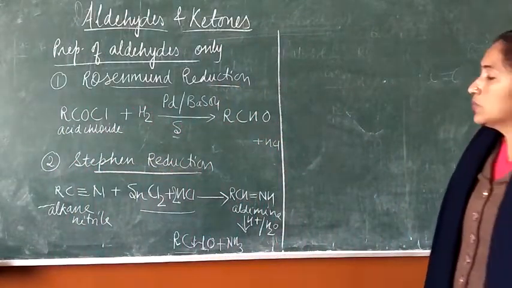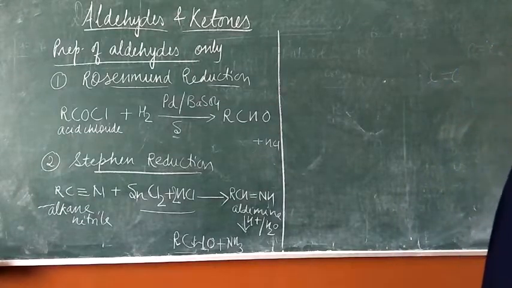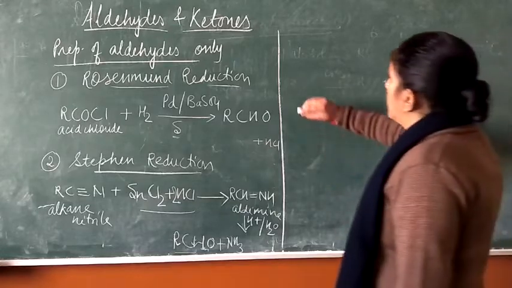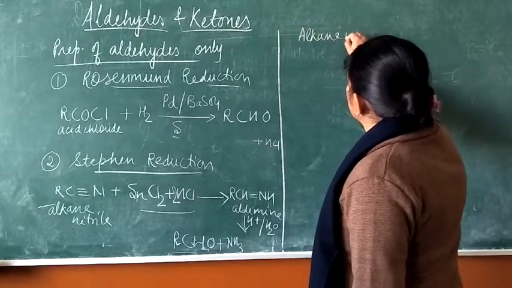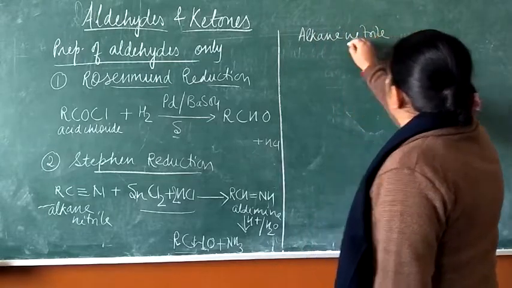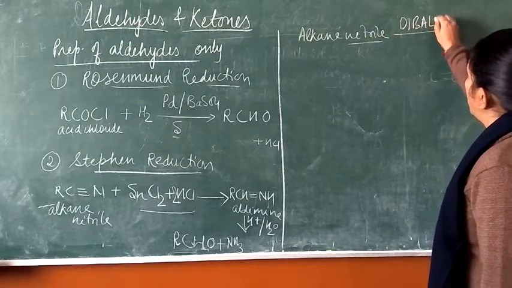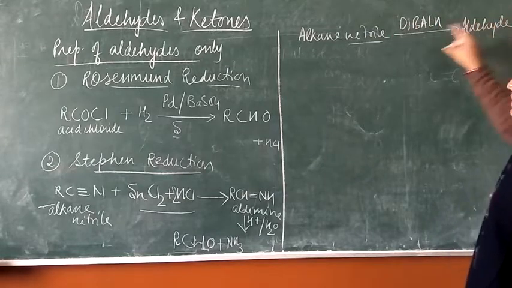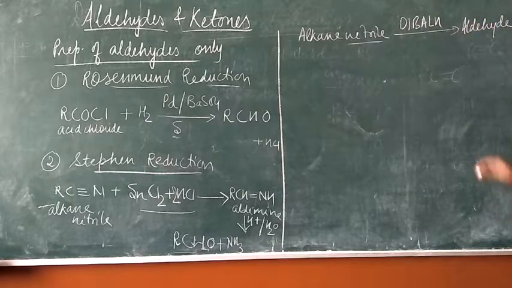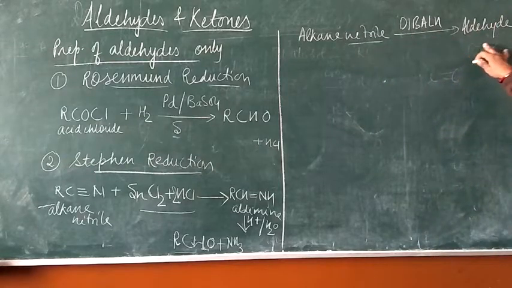Now students, the reduction of alkane nitrile can also be carried out by a reducing agent known as DIBAL-H. From alkane nitrile, we use DIBAL-H and we will obtain the aldehyde. This is not under the Stephen reduction. This is a separate reaction, students. So alkane nitrile, DIBAL-H, gives aldehyde.